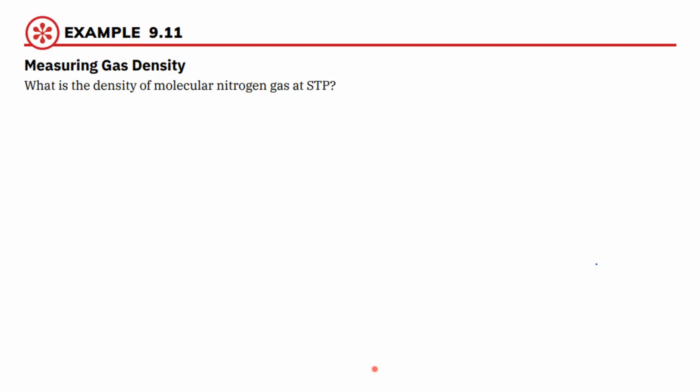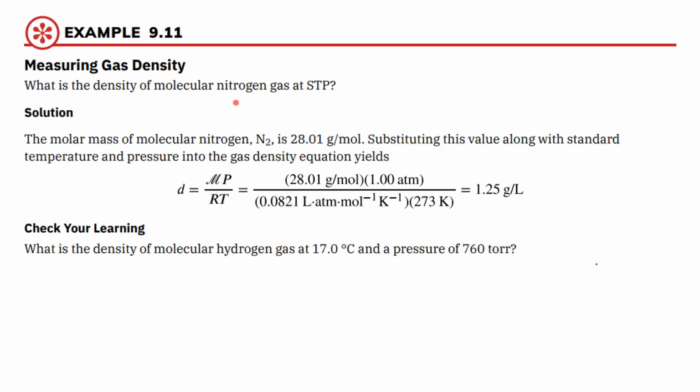And then 1 atmosphere. And then we also need to remember that nitrogen is going to be diatomic. So when we're calculating the molar mass of nitrogen, we need to account that there's going to be 2 of those nitrogens rather than just a single one. So when we go to plug this in, 28.01, because again, each of those is going to be 14.